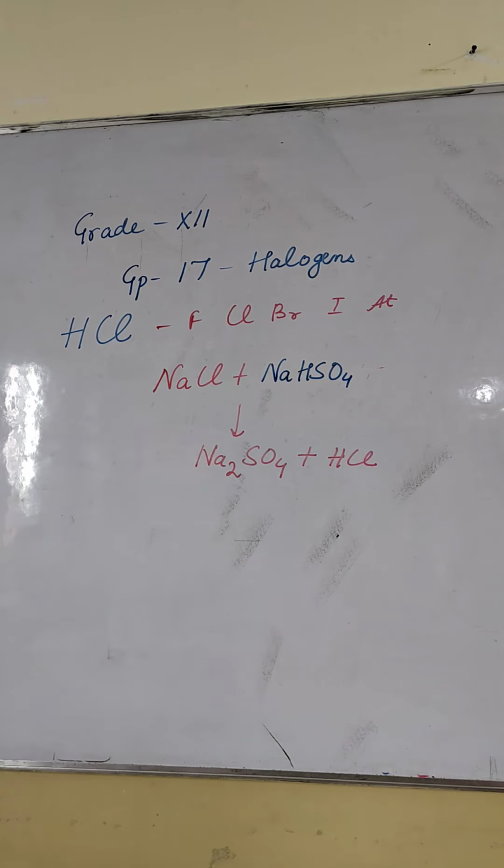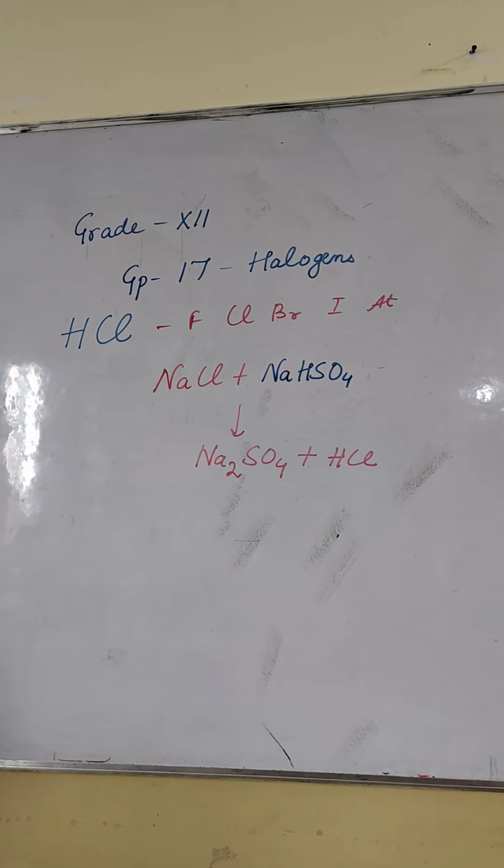HCl is a colorless and pungent smelling gas. It is easily liquefied to a colorless liquid whose boiling point is 189 Kelvin, and it also freezes to form a white solid whose freezing point is 159 Kelvin. It is extremely soluble in water.